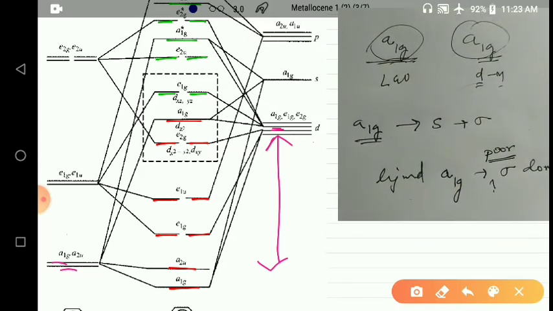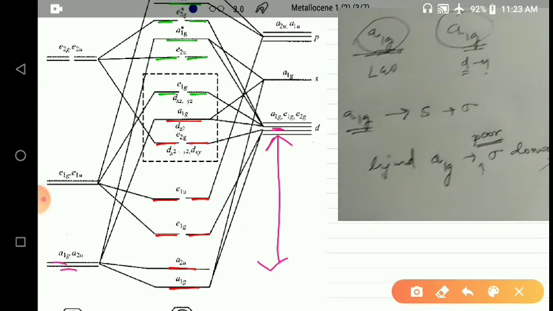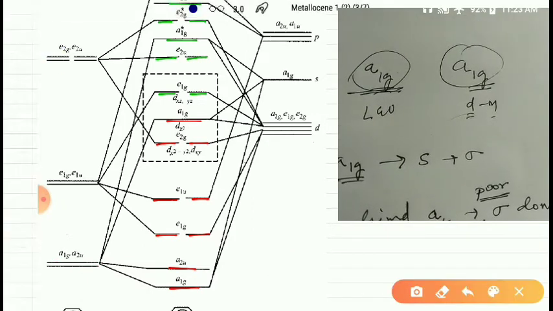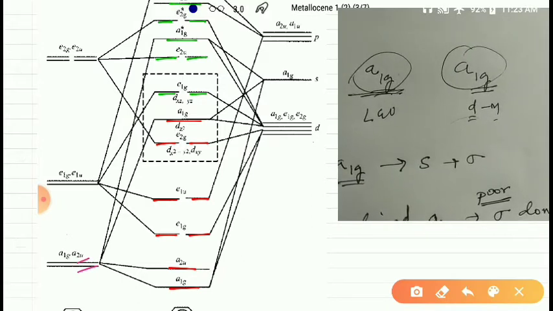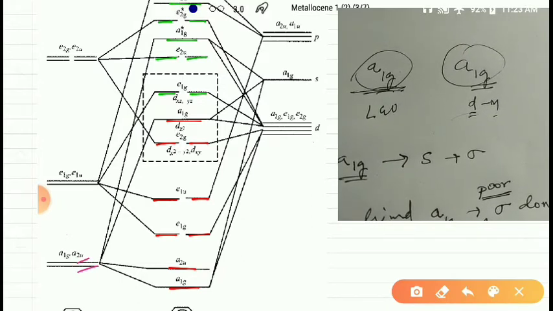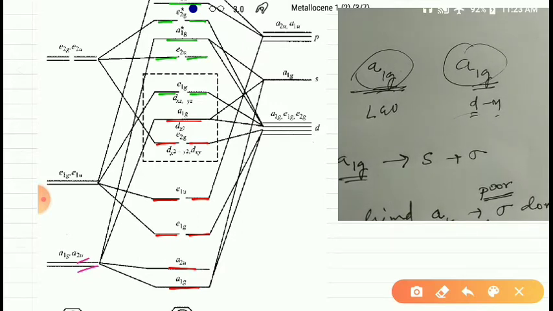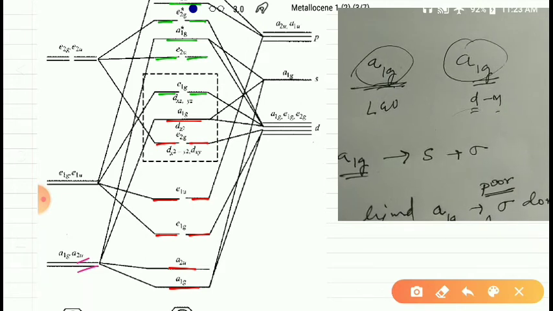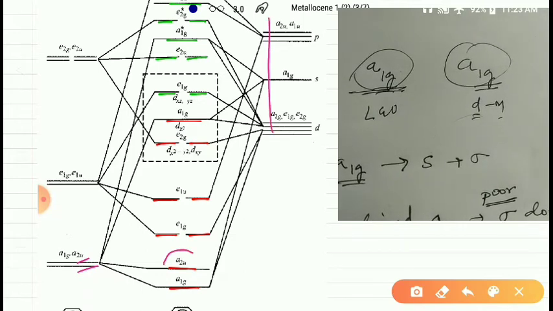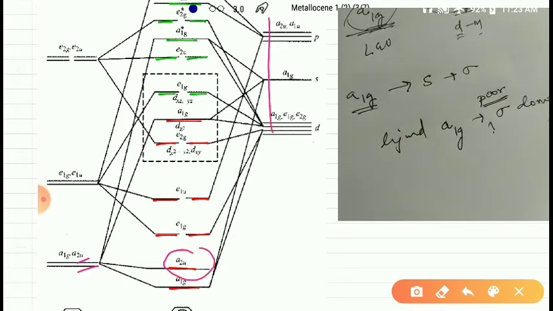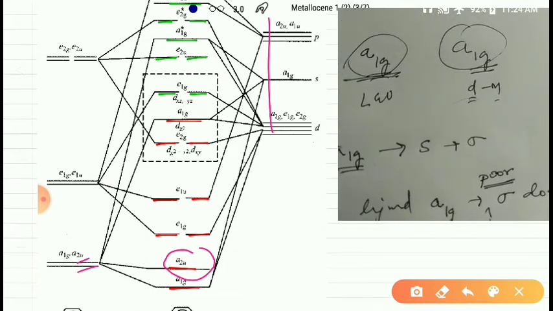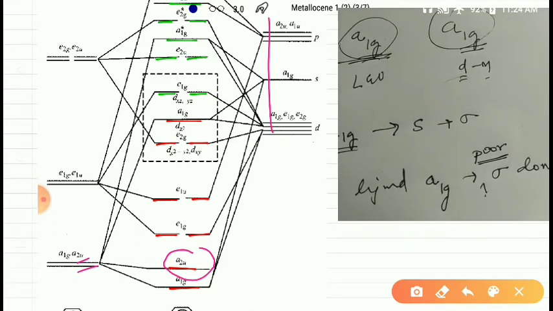Similarly, if you notice A2u, A2u is not present on the metal side here, so it will remain non-bonding.